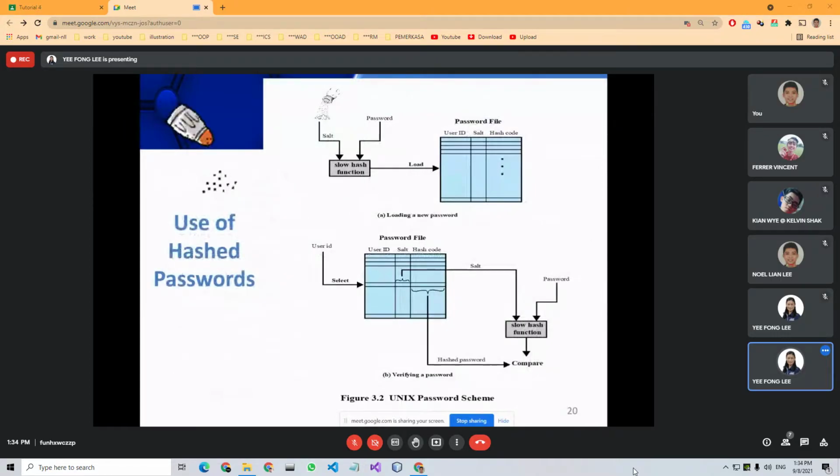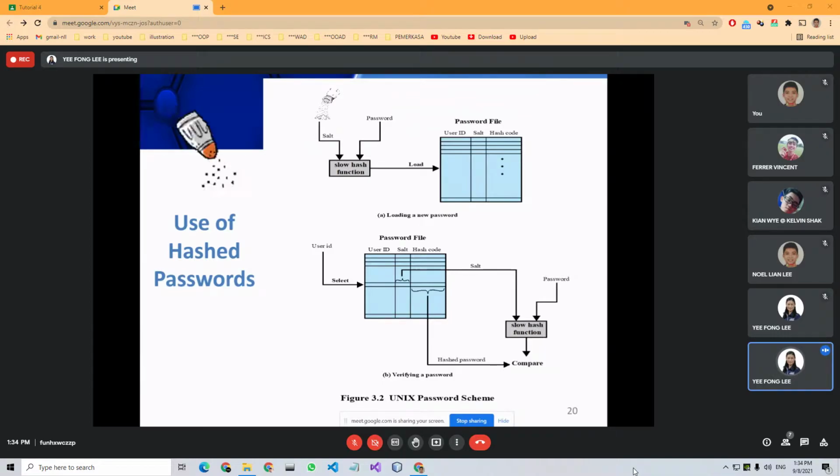Next, here shows the Unix password security technique. This one I leave it to you. In general, when a user attempts to log into a Unix system, the user needs to provide an ID and password.